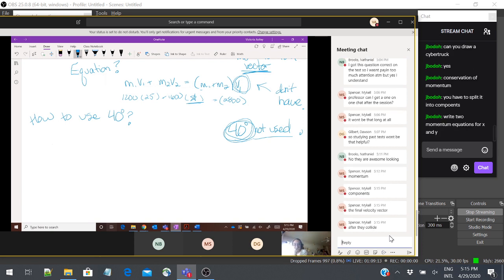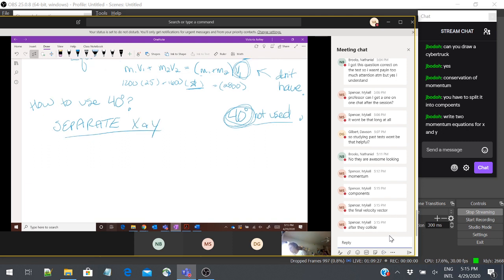Final velocity vector. After they collide, write two momentum equations for x and y. Yes. Separate x and y. So our final velocity v, I can separate into vx and vy.